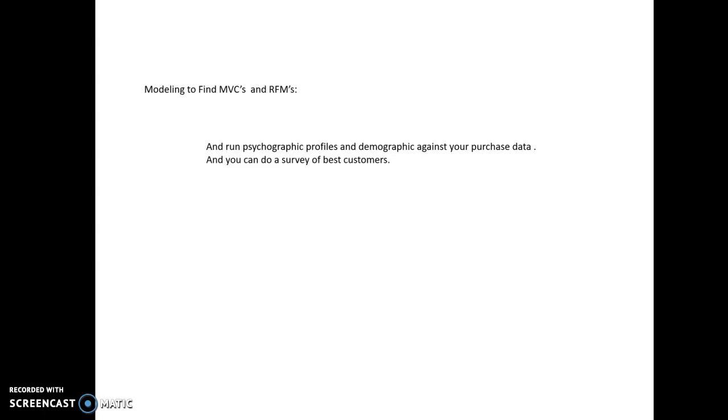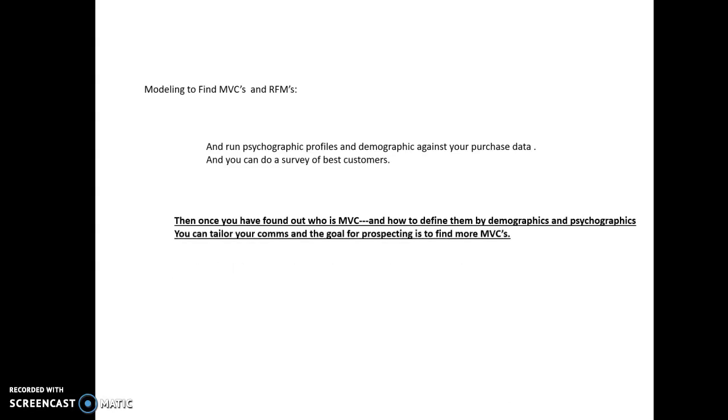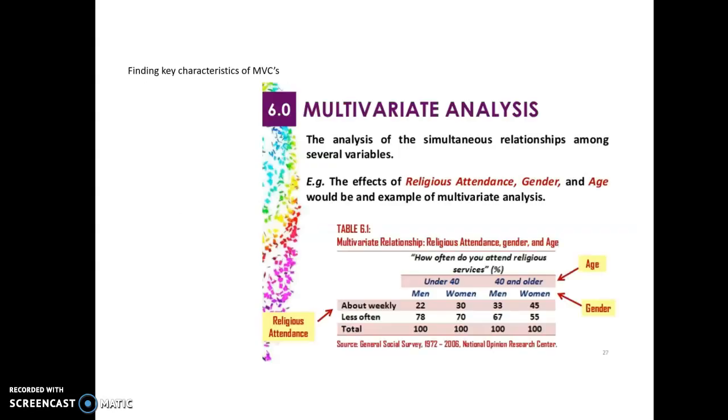Then you want to run psychographic and demographic profiles against those segments, your MVCs and your RFMs, to find out who they are so you can find more of them, and so you can market to them more effectively yourself. You can also do surveys and get your own information rather than just finding external databases to query. You tailor your own communications, and then you guide your prospecting to find more of those MVCs. And we talked about multivariate analysis.